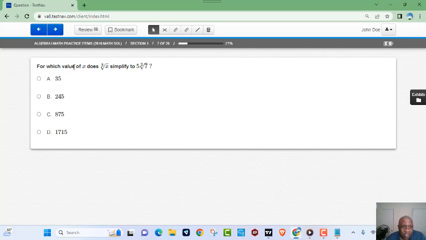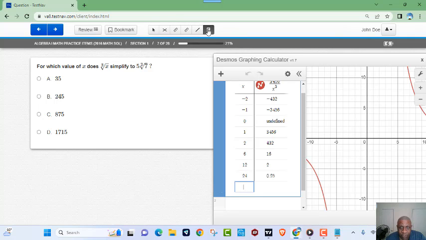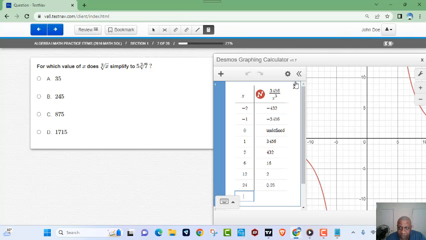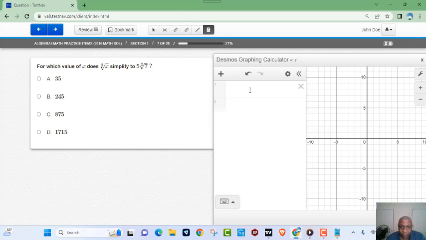Okay, question 7. For which value of x does the cube root of x simplify to be 5 cube root 7? Okay, let's go back to our Desmos here, and let's clear this out. So, if I put in 5 and then cube root, CBRT, 5 cube root 7.